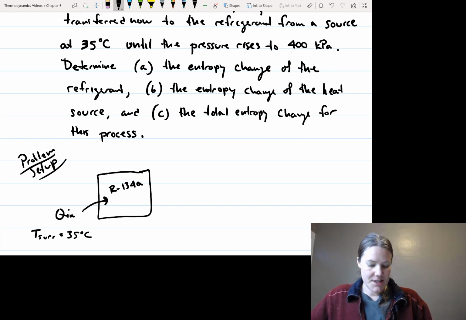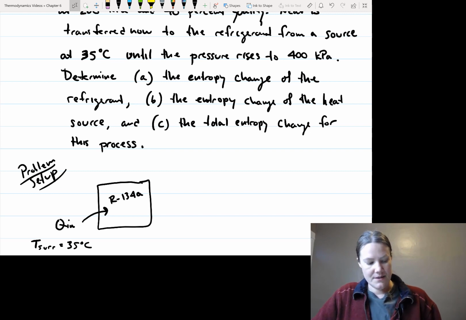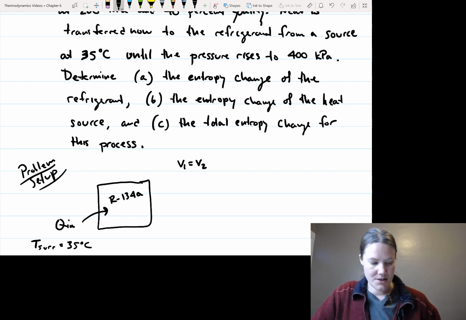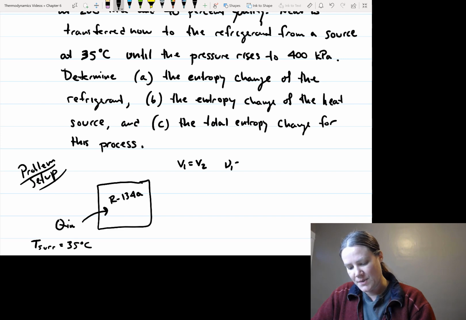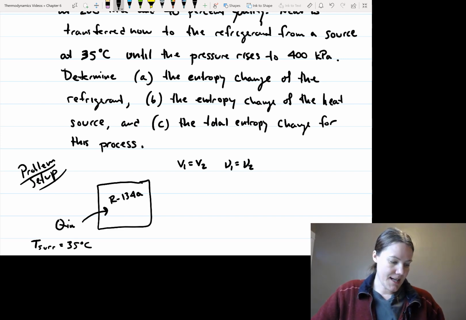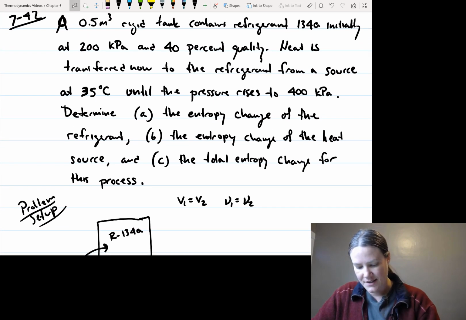All right, so now let's write down some other information from this problem. First of all, since this is a rigid sealed tank, we know that V1 is equal to V2, which means that the specific volumes also have to be equal. And it tells us the size: V is 0.5 meters cubed.